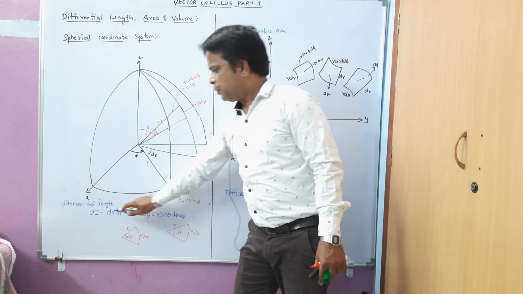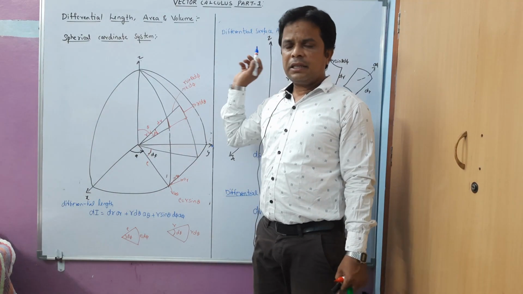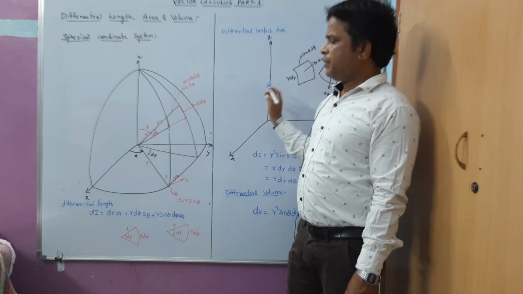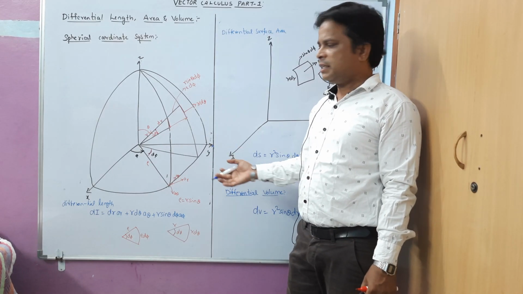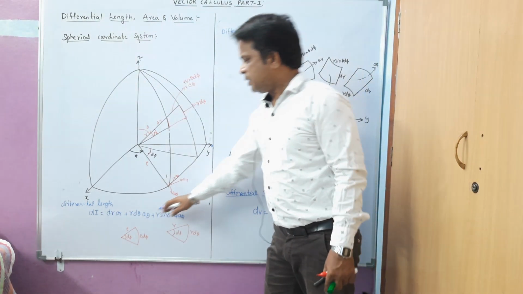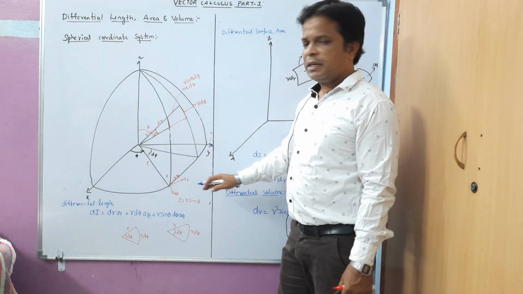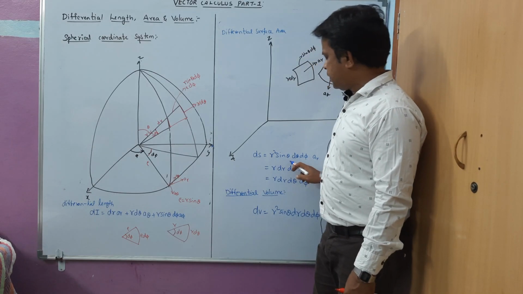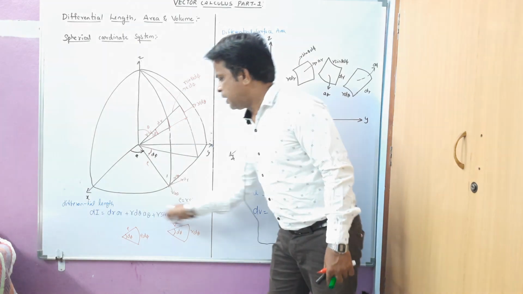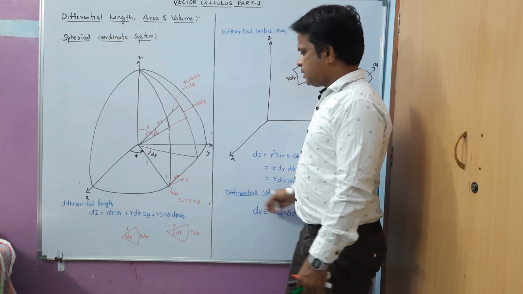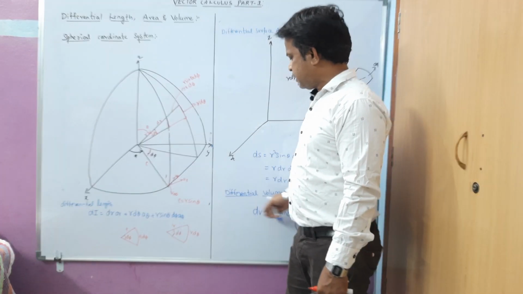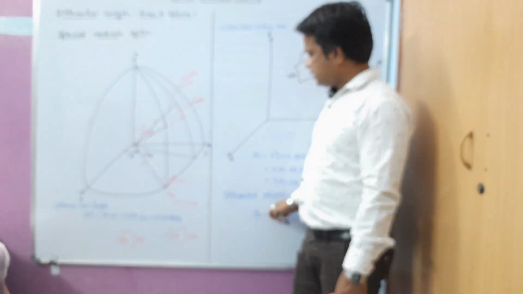If you can calculate the differential length, the rest, the differential surface area and volume, will be easy, by taking the product of two displacements and writing the unit vector. Finally, for the differential volume, we take the product of the displacements along the r, theta and phi directions.